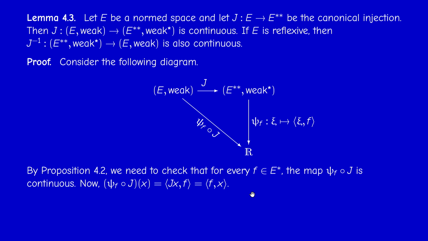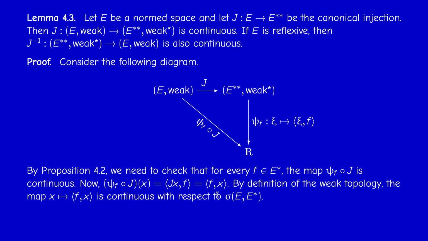Okay, but when I equip E with the weak topology, this map is continuous. Therefore the composition is continuous. So actually psi f of J is just f, and when I equip E with the weak topology, f is continuous. So psi f of J is continuous.